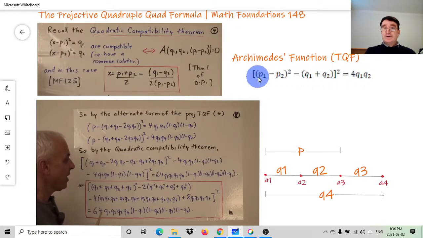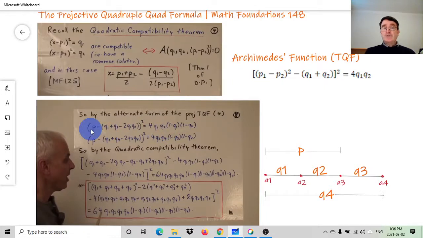If this equation is satisfied, then these two quadratic equations are compatible, meaning they have a common solution x. So let's see how he applied it in his Math Foundations 148.